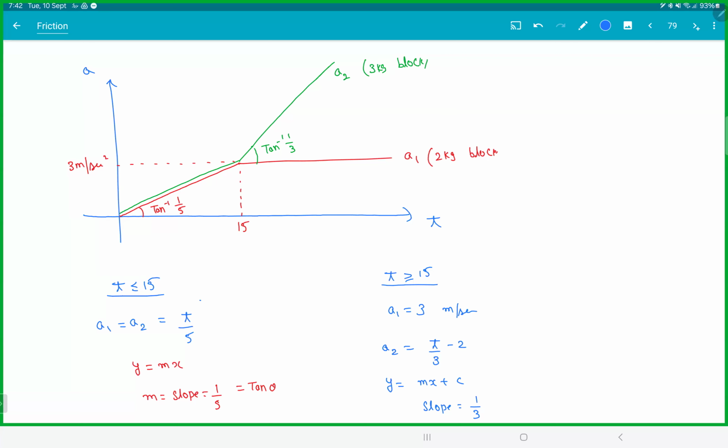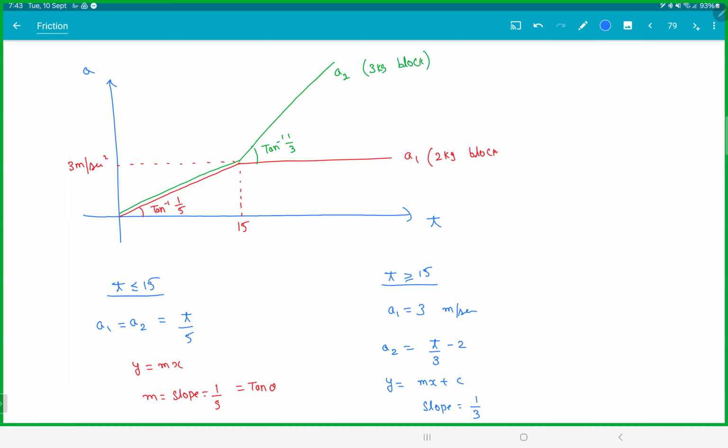Initially the slope is 1 by 5, and then the slope is 1 by 3. So the 3 kg block will, obviously, if you think about it, initially friction was also increasing, so 3 kg was not able to accelerate. But when the friction became constant and force is increasing, now 3 kg will rise at a faster rate. Is this clear, everyone?